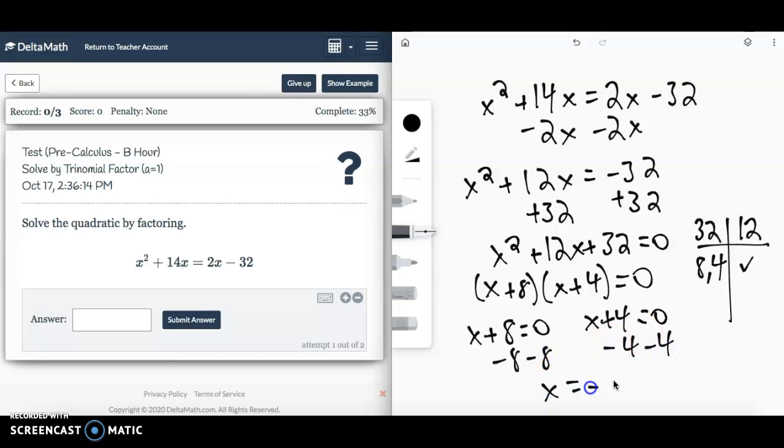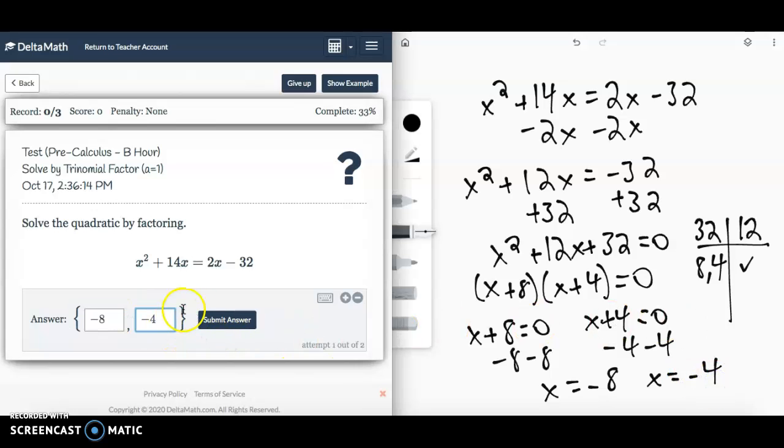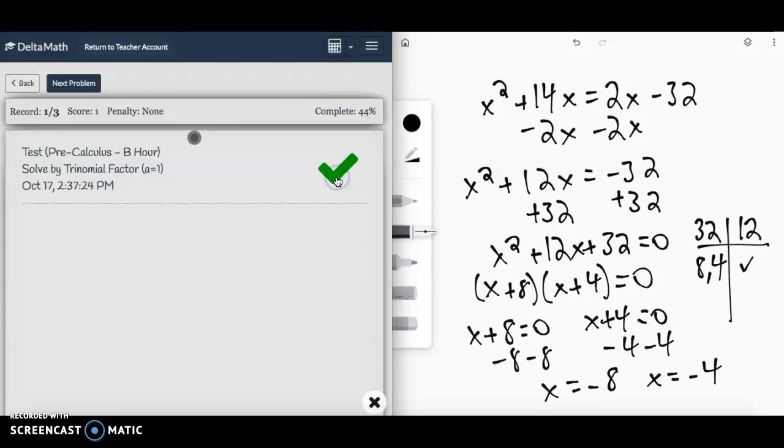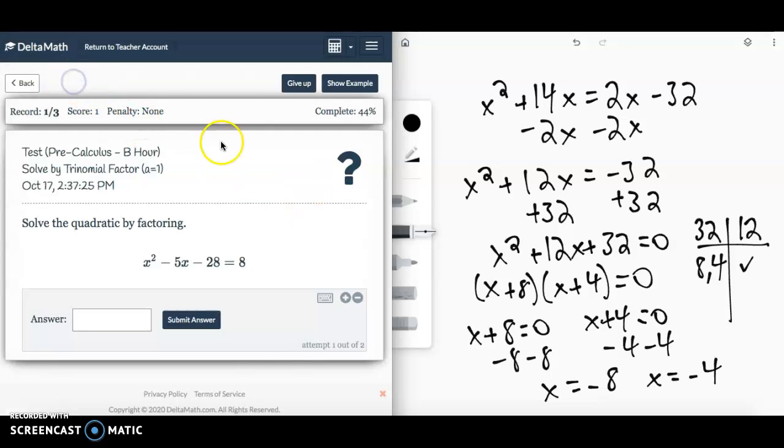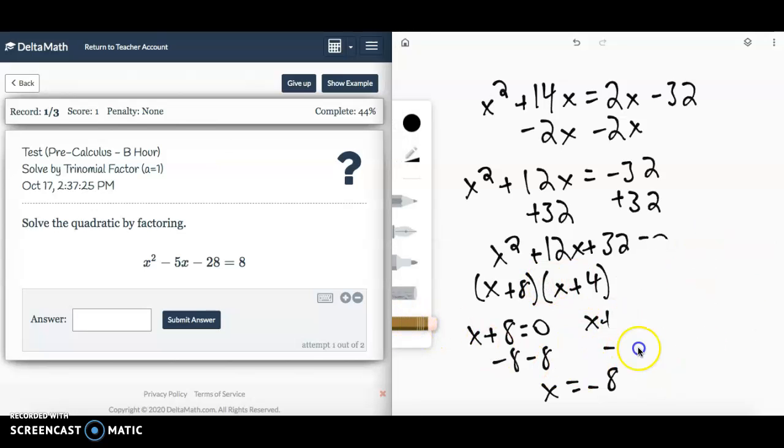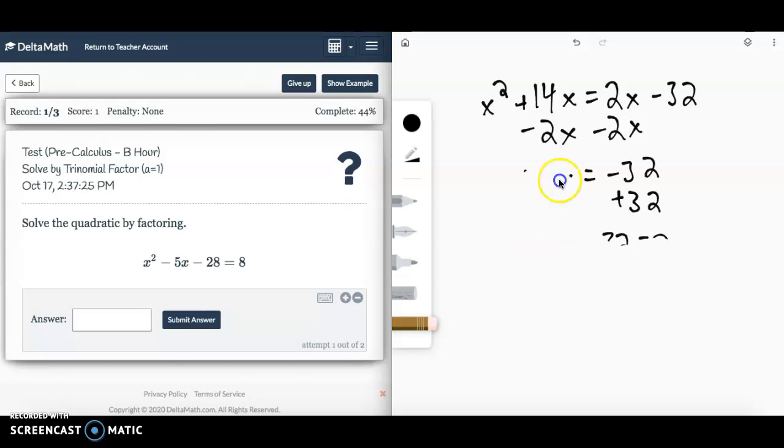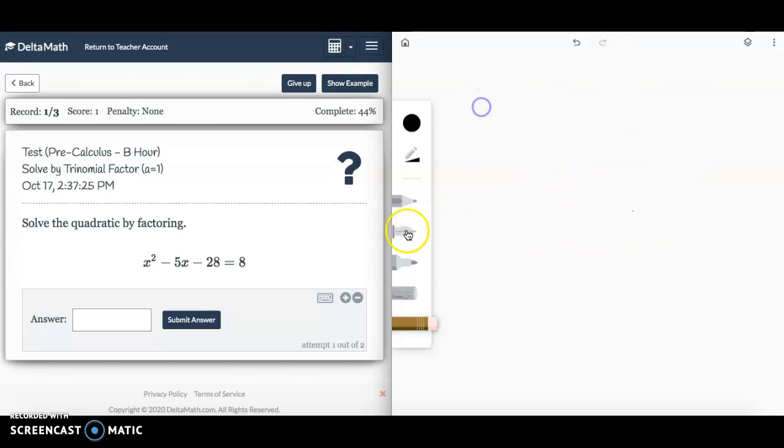So x equals -8, x equals -4. All right, let's do one more of these. I've had quite a bit of practice with these ones.